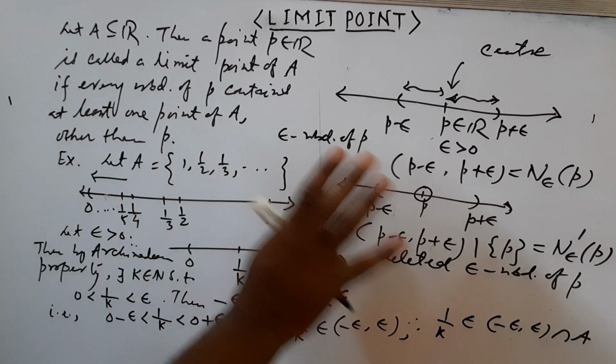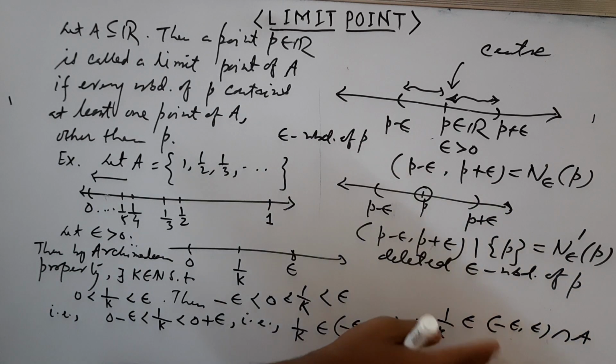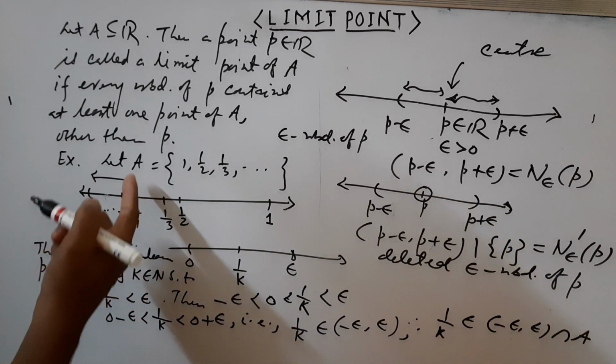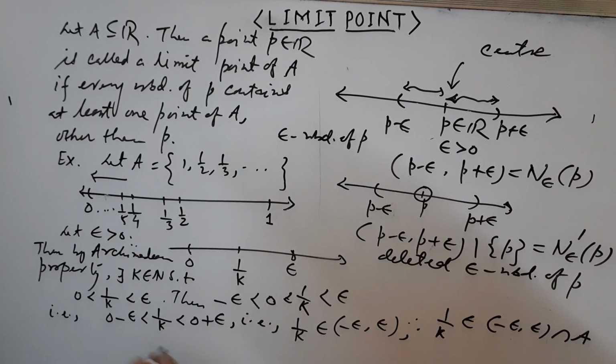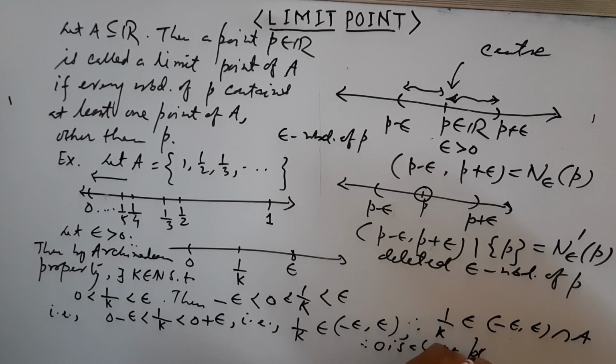Here 0 is not in A, so no problem here. So the conclusion is that 0 is a limit point of the set A.